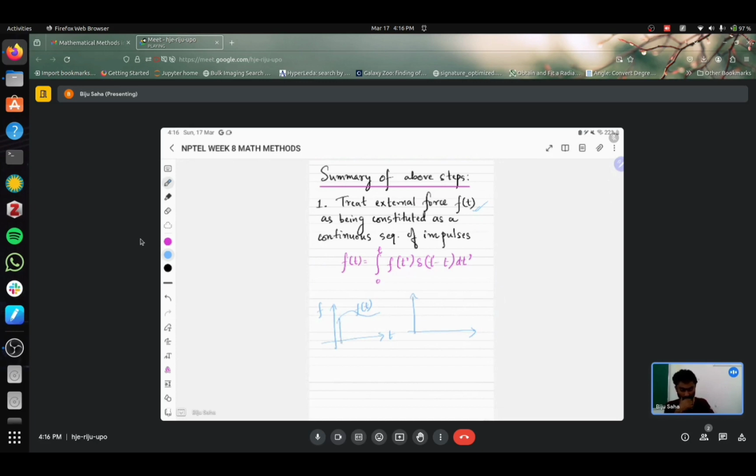Suppose this is the height at t equal to t1, and this at t equal to t2.